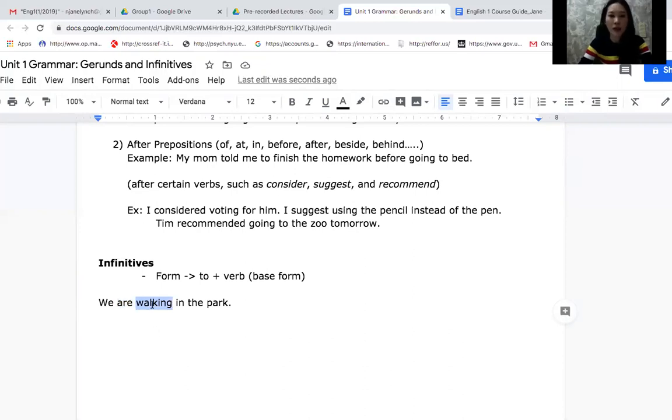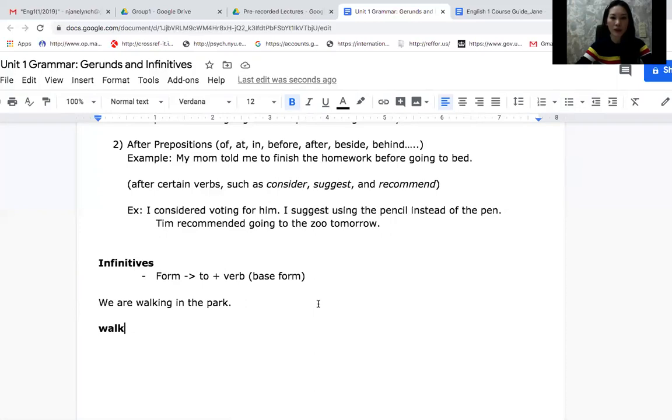This form is present participle, ing. We say infinitives are the verb with to. So to plus verb, but it has to be base form. What is the base form of walking? The base form of walking is walk. The base form of a verb is the original form of a verb.